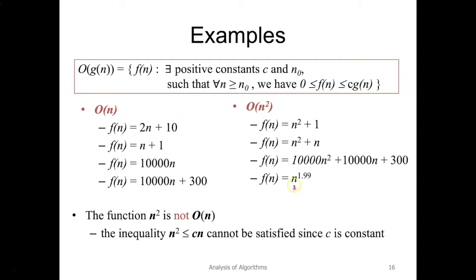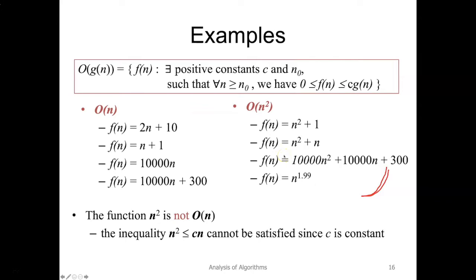Now notice that I have here f of n equal to n to the power of 1.99, this is also big O of n squared. So this is still upper bounded by n squared. If we were to plot these, n to the power of 1.99 goes like this, and n squared goes like this. So n squared is still an asymptotic upper bound.